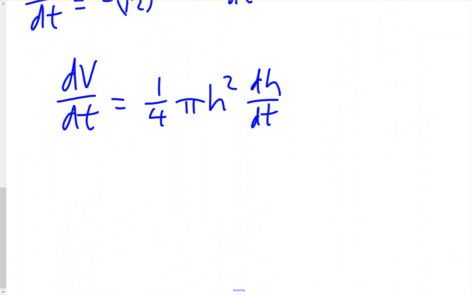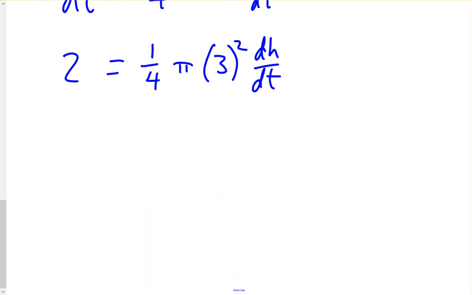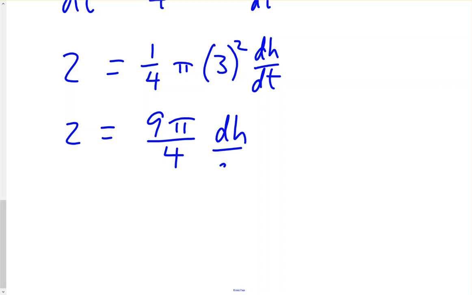Okay, so plug in. dV/dt is 2, h is 3, okay, so that means we have 3 squared is 9, 1/4 times 9, that's 9/4, so we have 9 pi over 4 dh/dt.